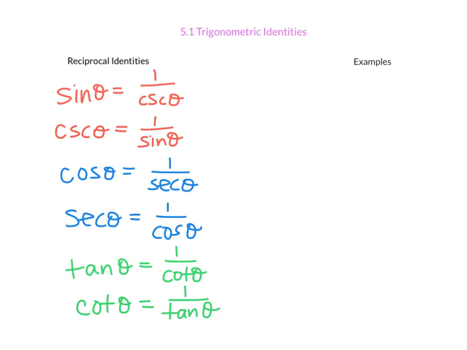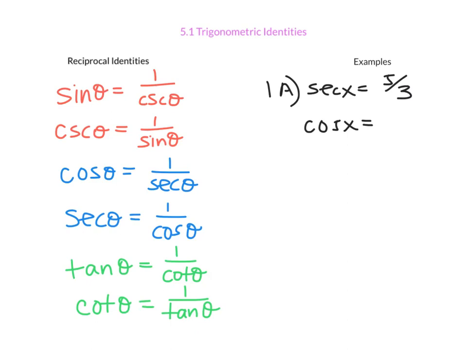So in the first example box on page 312, 1a, says that if the secant of x is 5/3, what is the cosine? All right, well, technically, secant is defined as 1 over the cosine.